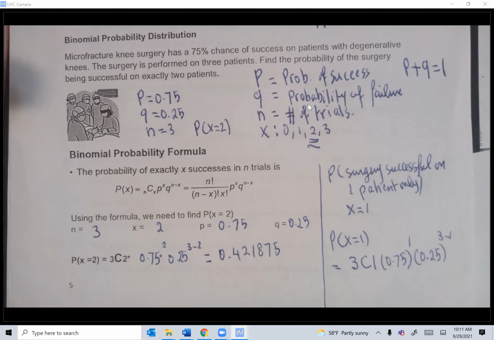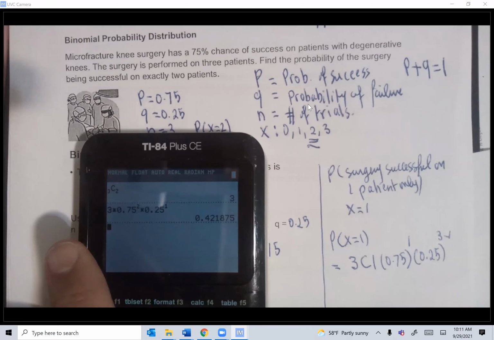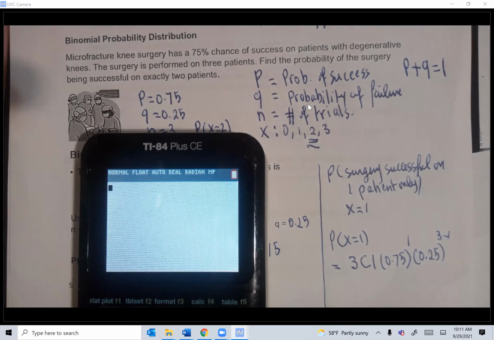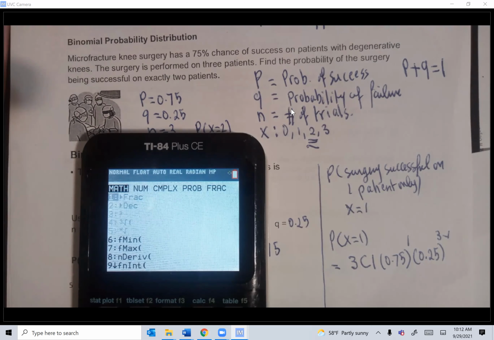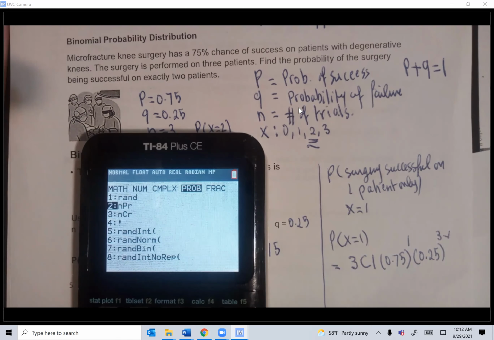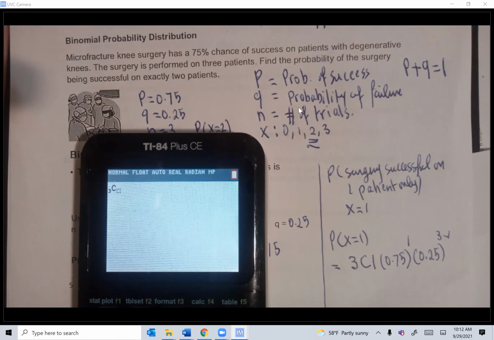And let's see what the calculator gives us as an answer. You put 3, and then math, and then you go to PRB, and then nCr, and that's a 1. It's a 3. So just put 3 here times 0.75. You don't need to raise it to the power of 1.